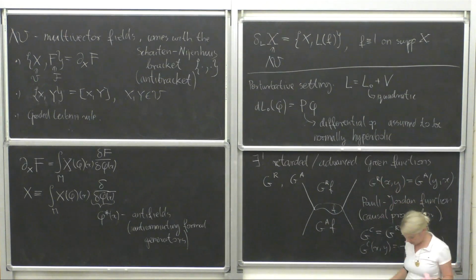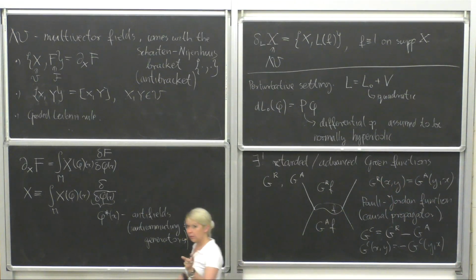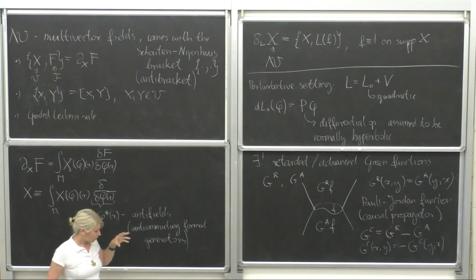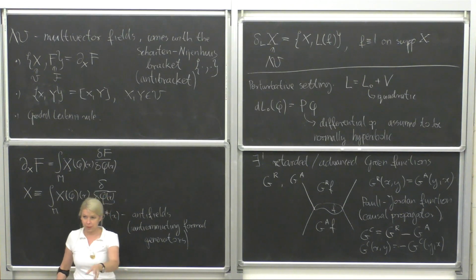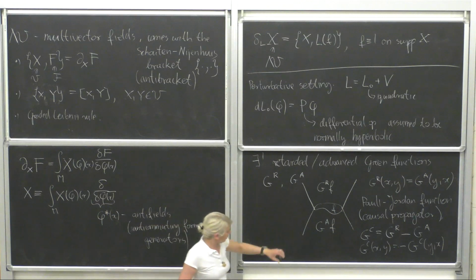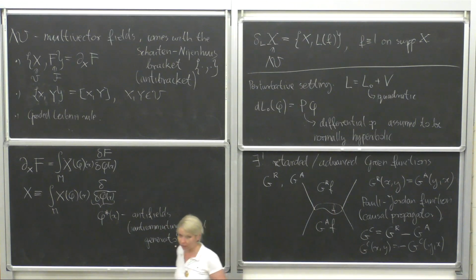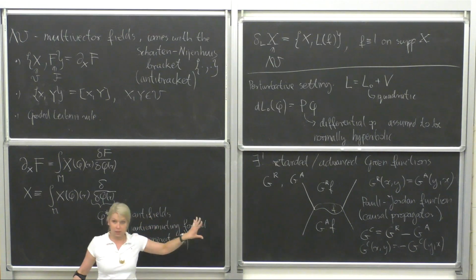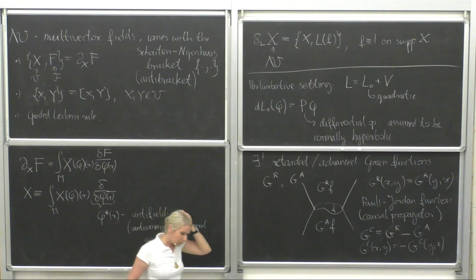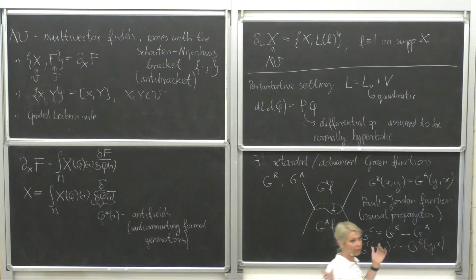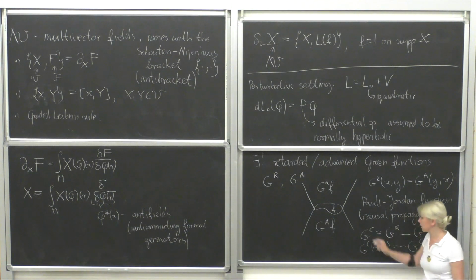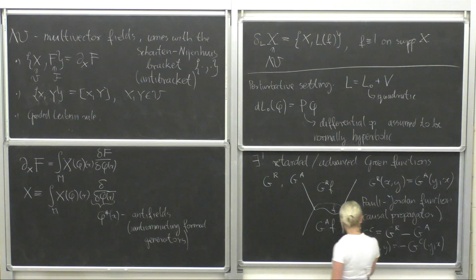It's antisymmetric, so you can think of it as a sort of generalized bivector field. Generalized because the coefficient is a distribution, not a smooth section, but it is a generalized bivector field. And moreover, it turns out that it's a Poisson bivector field.